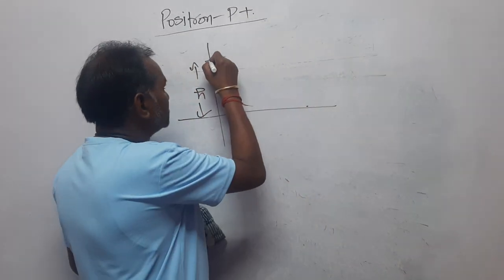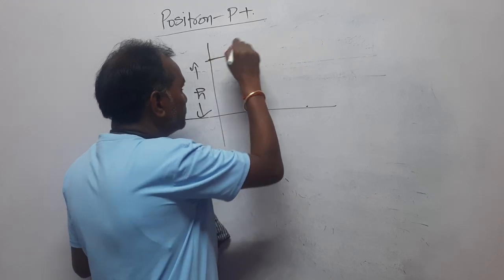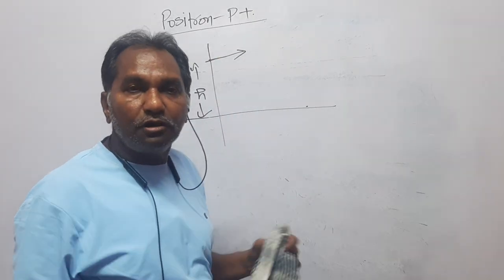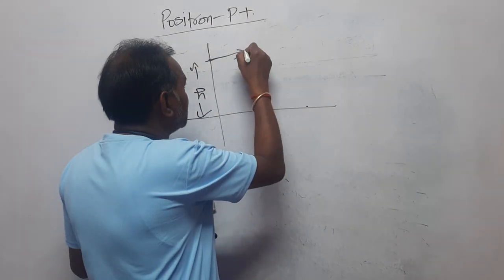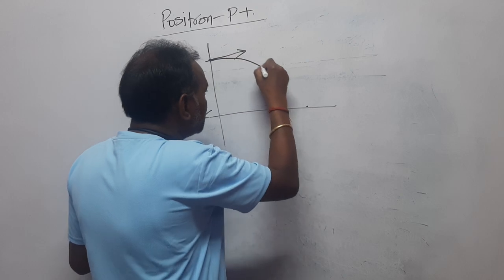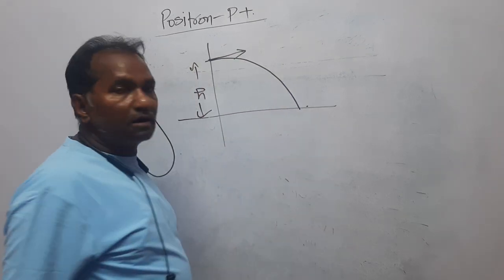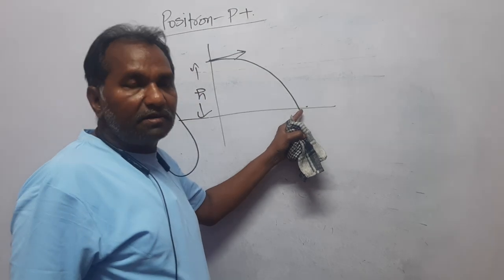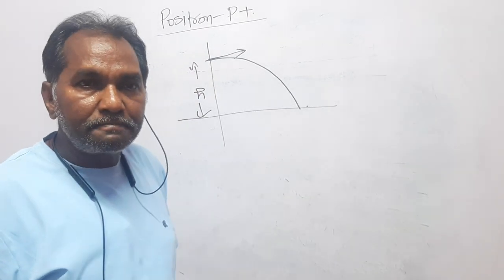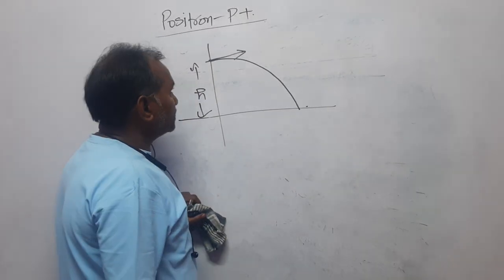A body is projected horizontally from here, right? Now you have to find out the time of flight and horizontal range in this case. If the body is projected in this way, then it will come down making a parabolic path to the earth.